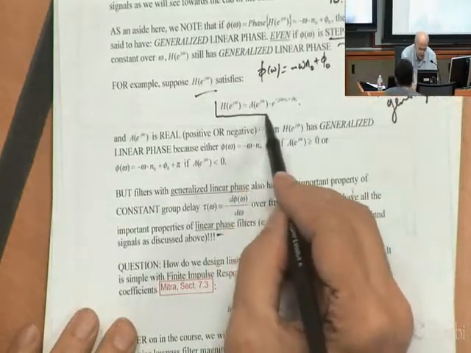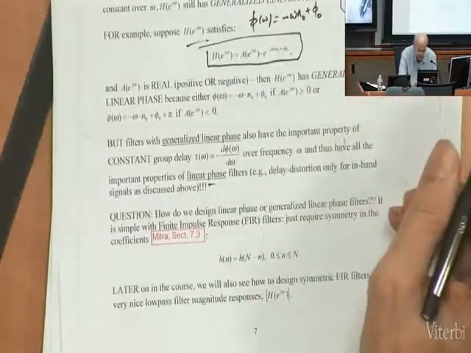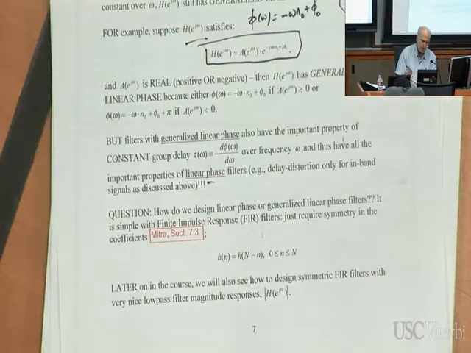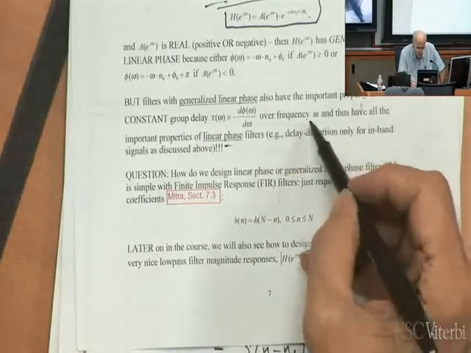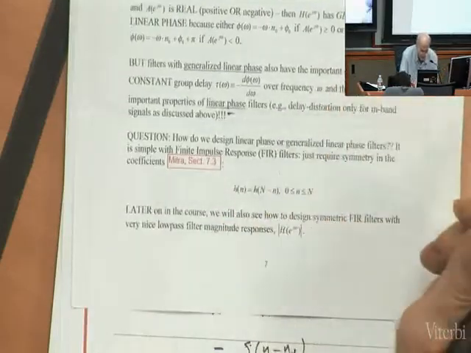And let's say h looked like this, where a is just the magnitude of h. Then h has generalized linear phase because phi is equal to minus omega n naught plus phi naught.